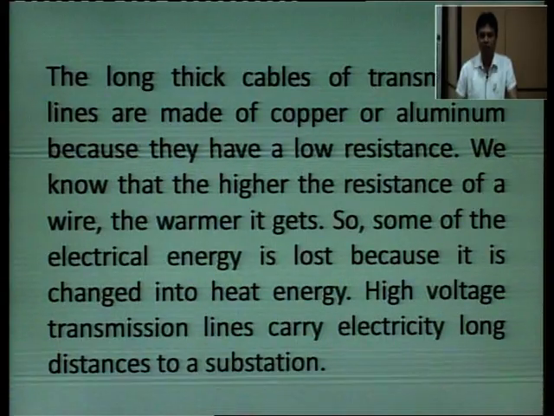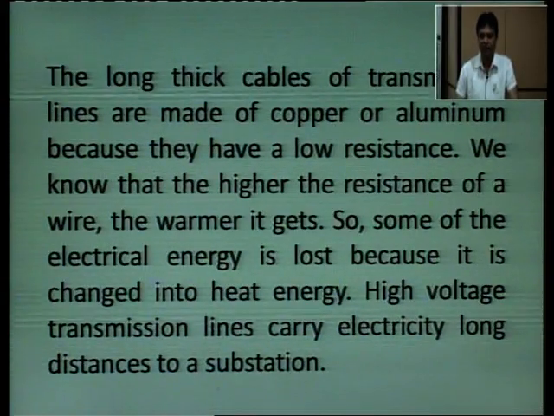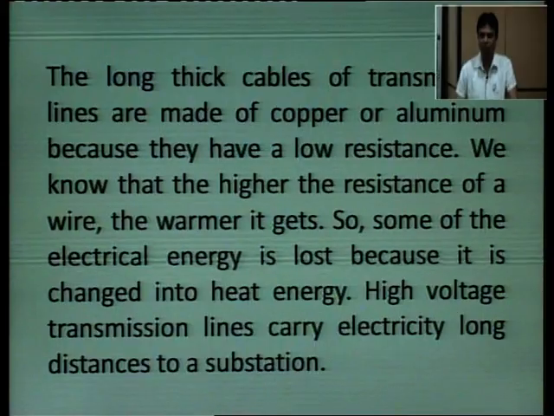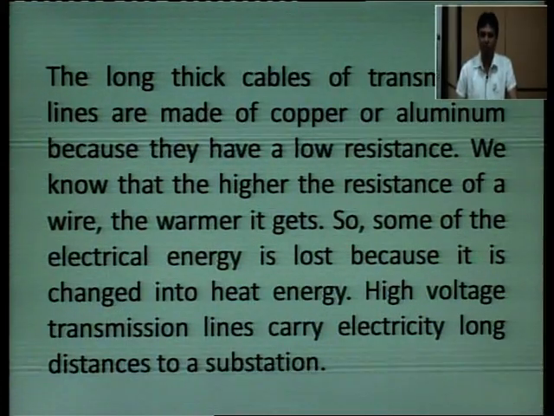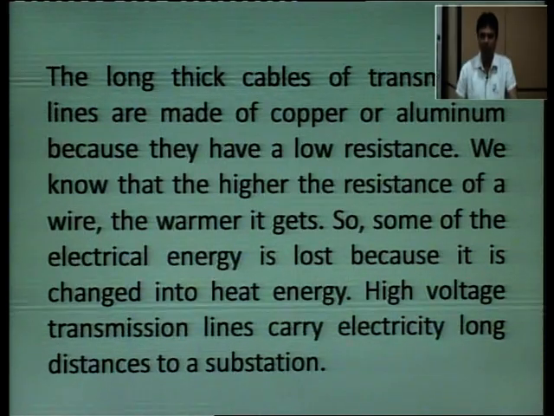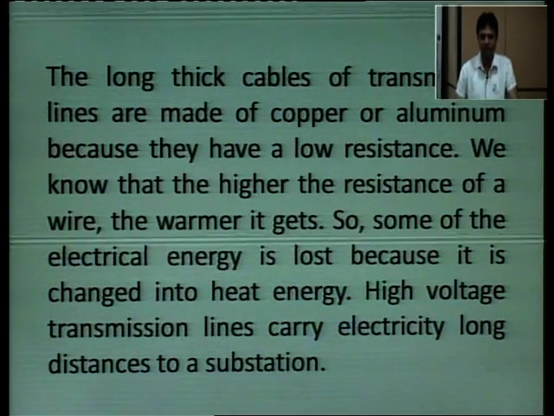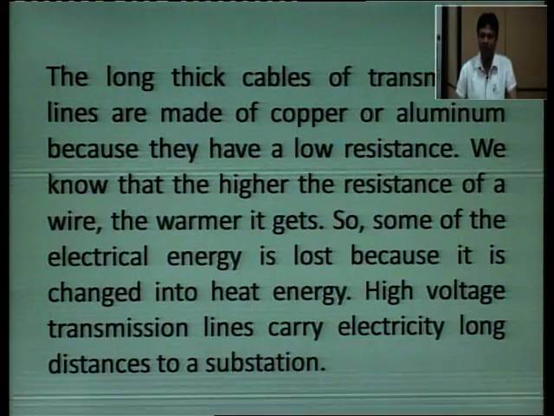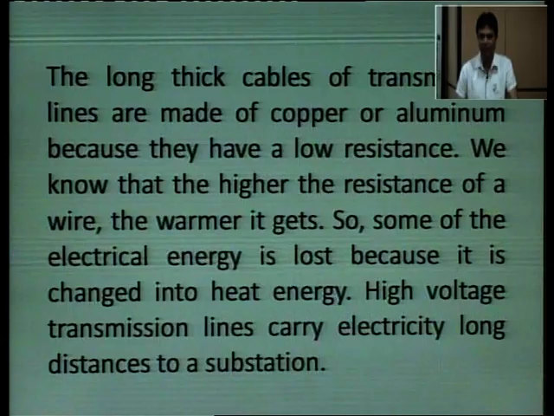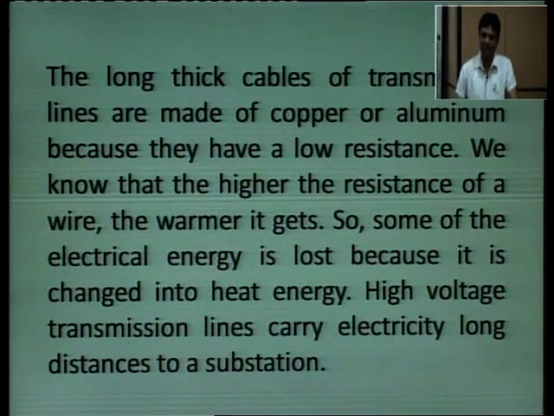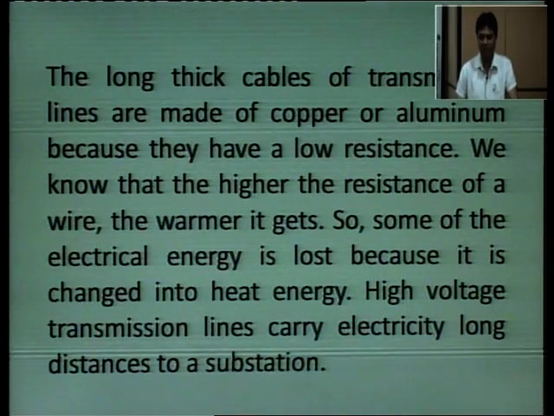The long thick cables of transmission lines are made of copper or aluminum because they have a low resistance. We know copper and aluminum are the most suitable conductors of electricity.